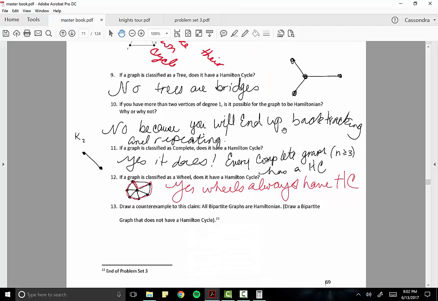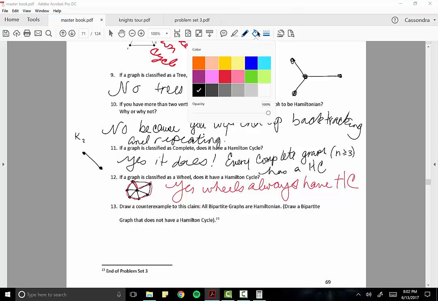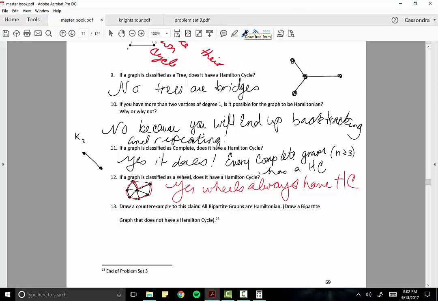Now, I got an email before the recording of this asking about bipartite graphs. I am going to remind you what a bipartite graph is. This is for you. You know who you are. I got you. So, bipartite graphs are Hamiltonian. A counterexample means something that makes this not true.